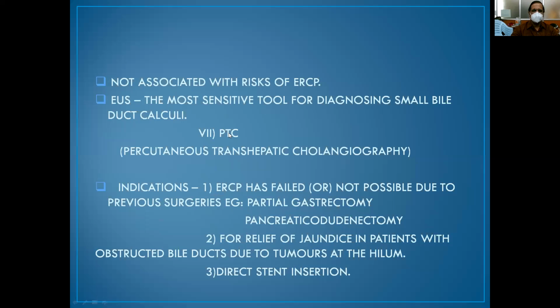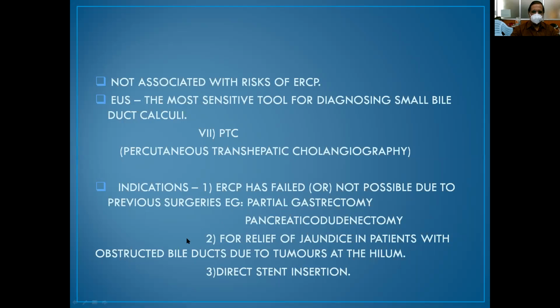And percutaneous transhepatic cholangiogram is very important, particularly when you are unable to do ERCP. The main indication for PTC is when ERCP has failed or is not possible because of previous surgeries like partial gastrectomy or pancreaticoduodenectomy. PTC is particularly indicated for relief of jaundice in patients with an obstructed bile duct.